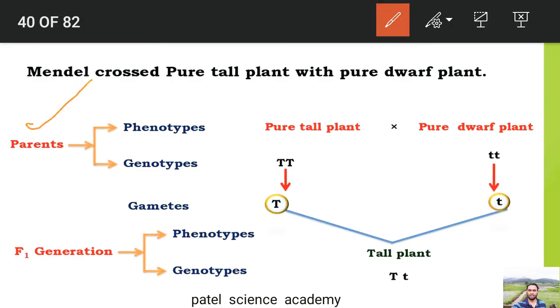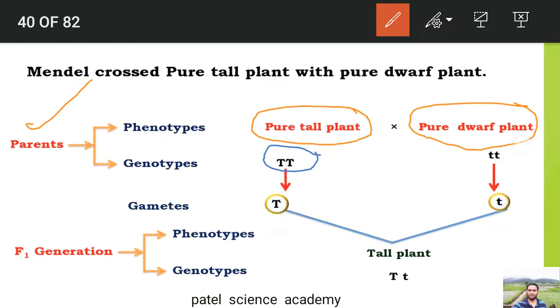So dear students, this was the explanation. We have taken two parents, one pure tall and another pure dwarf. As I told you earlier, tallness is indicated by capital T and dwarfness by small t. Their phenotype is tallness and dwarfness, and their genotype is capital T, small t.